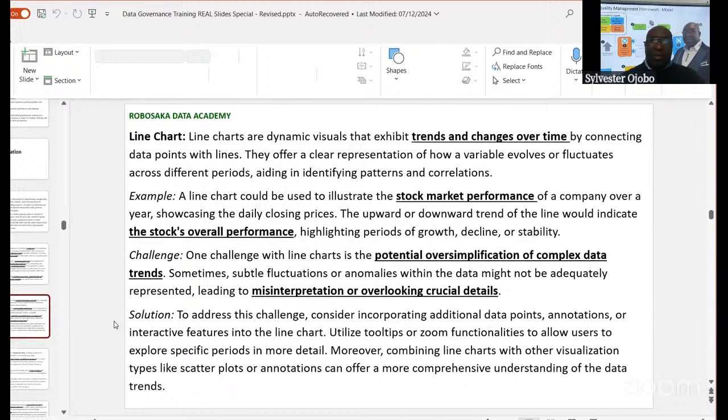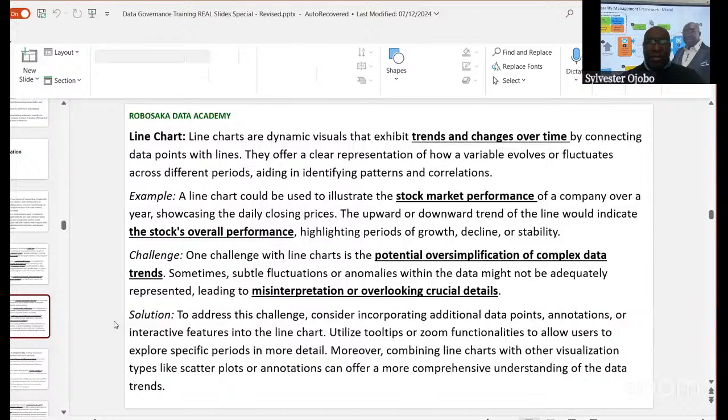Trends are changes that occur in a direction, that is in vogue. So if you really look at the trends and changes happening over time, it's good to use a line chart.